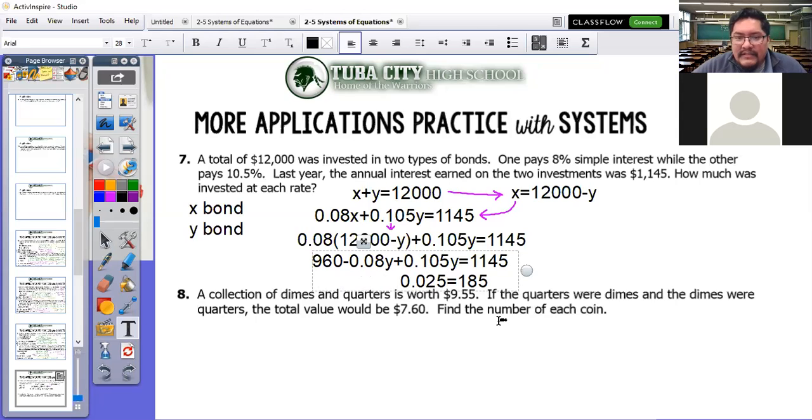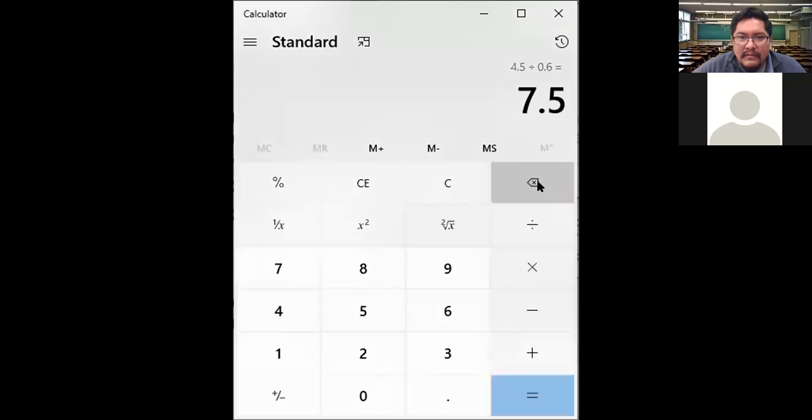And here's another thing too. There's that same idea coming back again. We're dividing by a very small number. So in this case, we are taking 185 and dividing it by 0.025 like this. And that should give us 7,400.